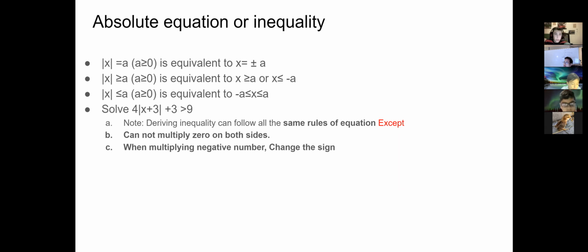So I know with absolute values, we drop the bars for absolute value. I think that gives us 4x plus 3 plus 3 is greater than 9, which could be turned into 10 plus x is greater than 9, which is what I think the answer is. What's your final answer? 10 plus x is greater than 9.